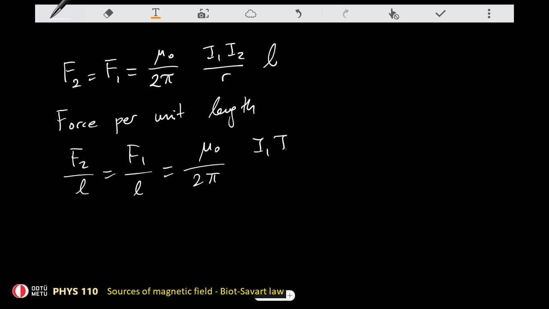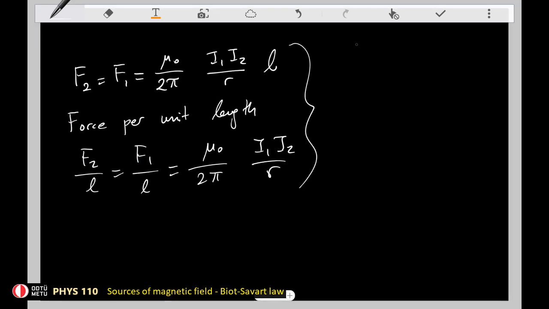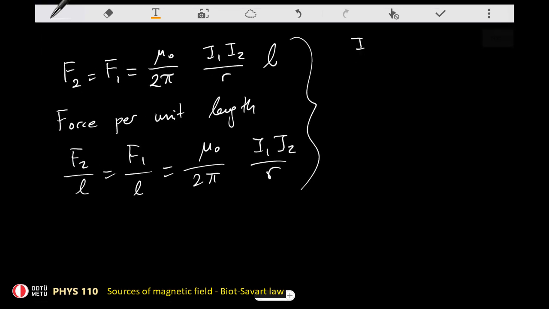It's I1 I2 divided by R. Let's just compute for the special case, thinking of these as typical values.